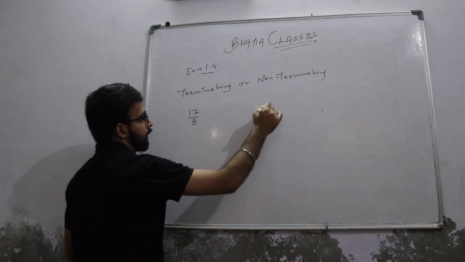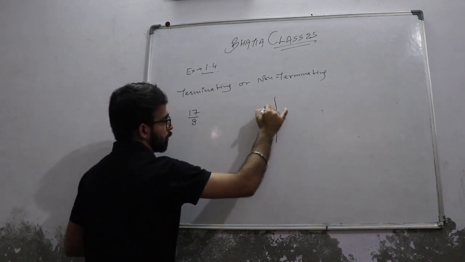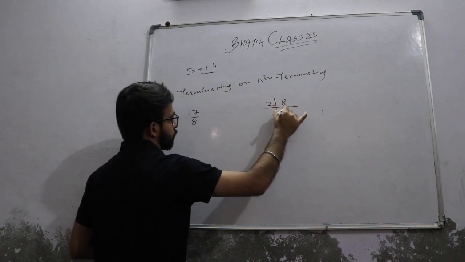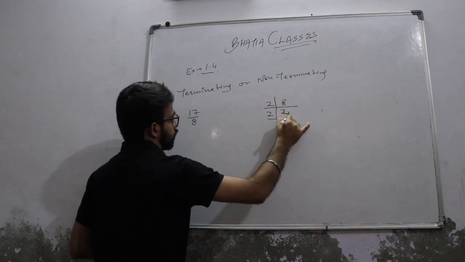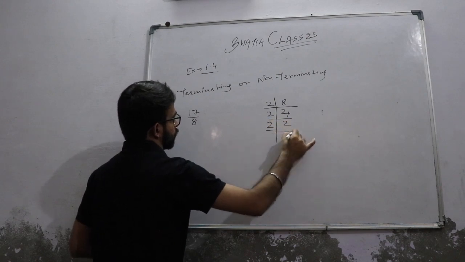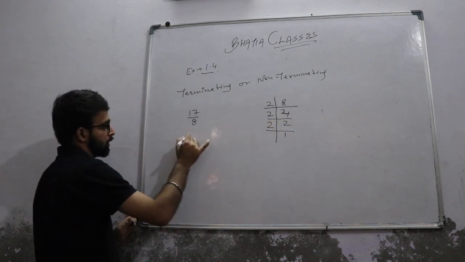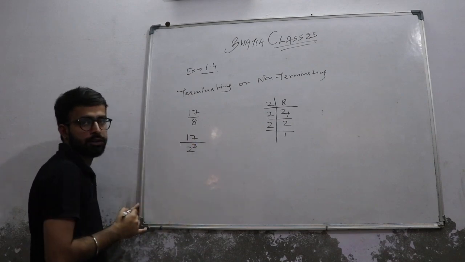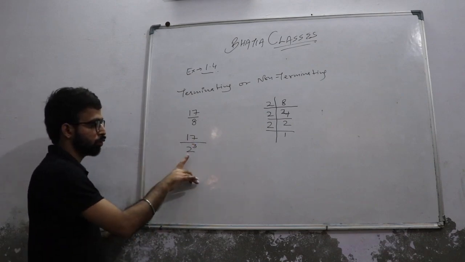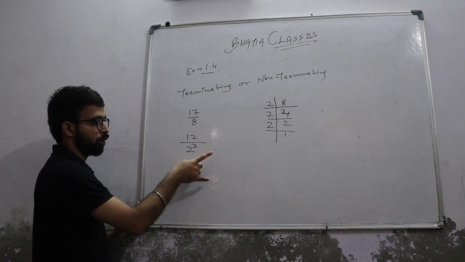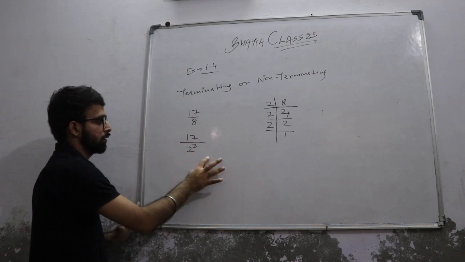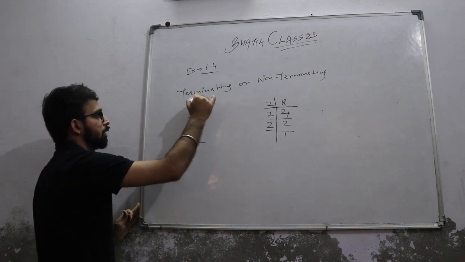Make the prime factors of the denominator: 2, again 2, again 2. You get 17 divided by 2 raised to power 3. If you get only 2 or 5, then this number is terminating.